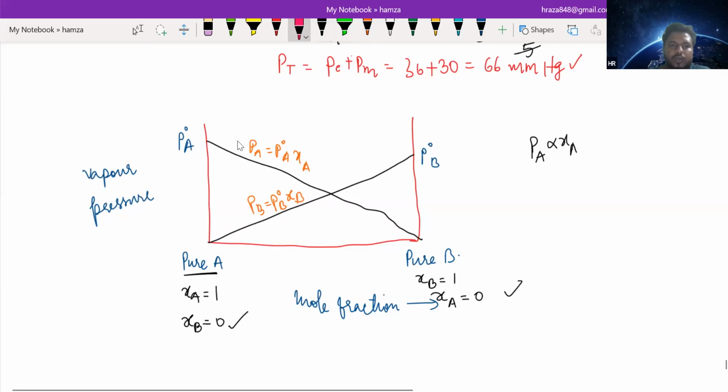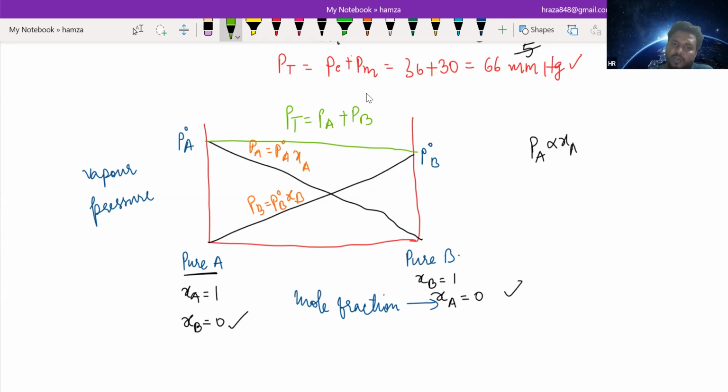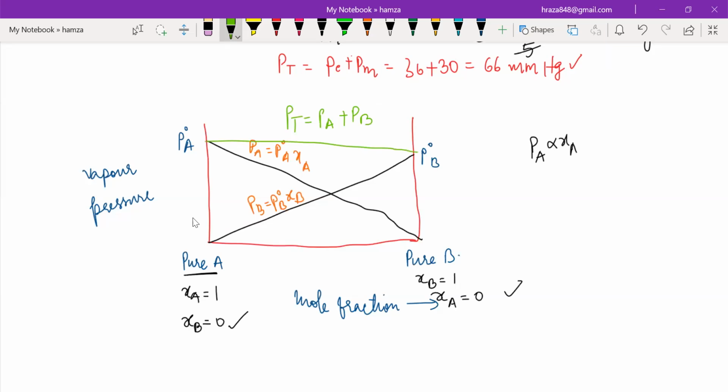And if you are going to join this, add this PA and P naught B, it is a straight line. It is a straight line like this. This represent basically PT, that means total pressure is equal to partial pressure of A plus partial pressure of B. Please write it and let me know if you have any doubt.